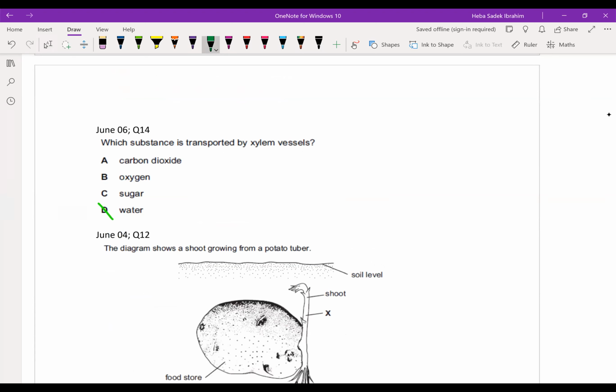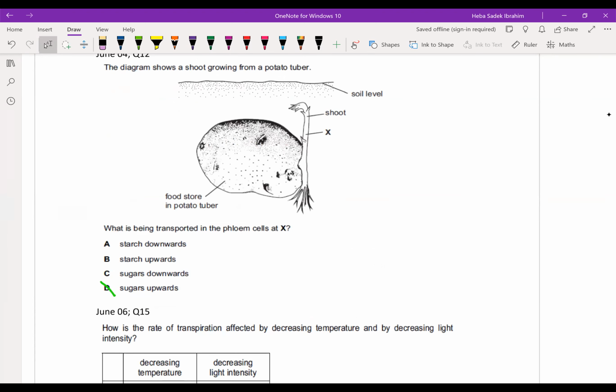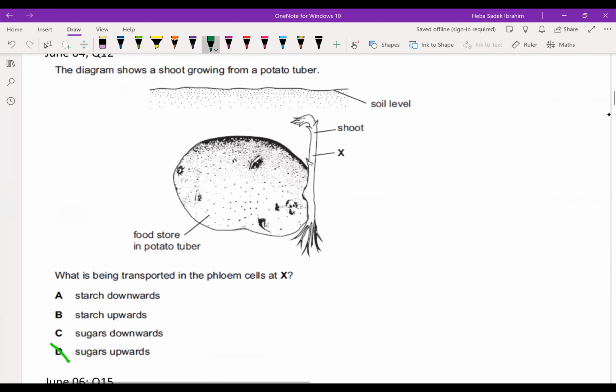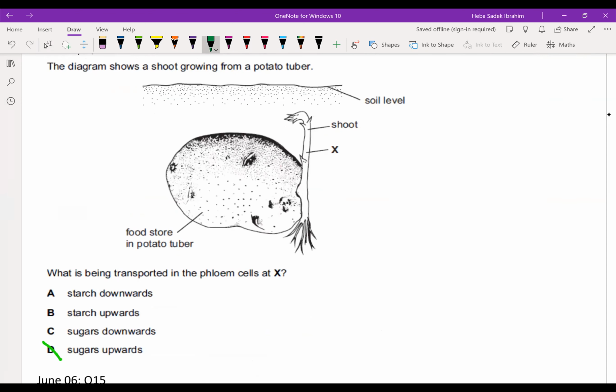The diagram shows a shoot growing from a potato tuber, and then it asks what is being transported in the phloem cells at X. We are under the ground, so Mr. Omar, now my source is my potato, right? Here we have a reversal. The potato is the source and the food is going to be transported in the phloem vessels, going down and going up. So at X the food is sucrose and amino acids in solution, sucrose, and it's moving upwards.